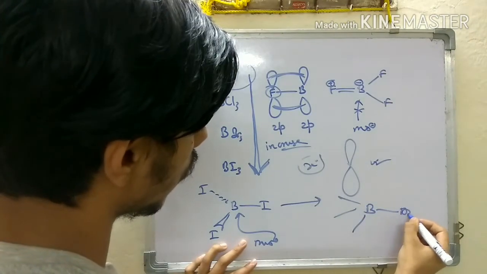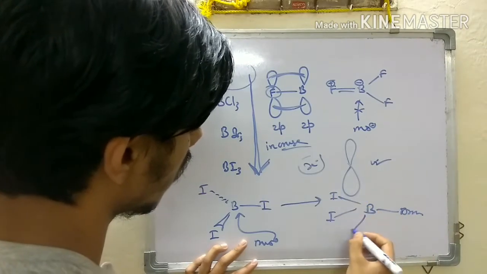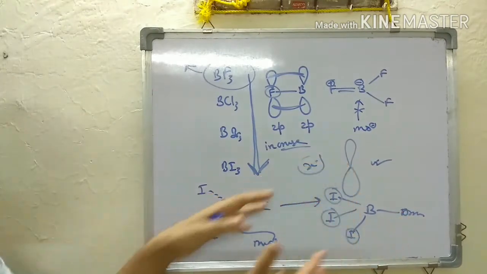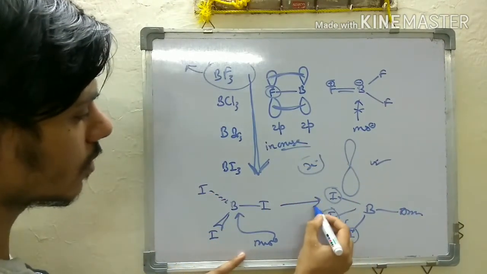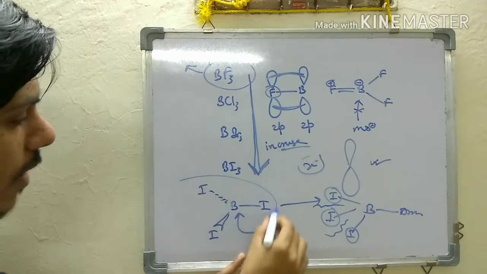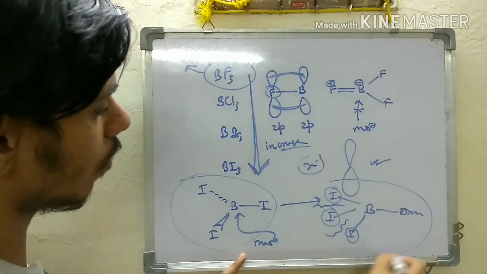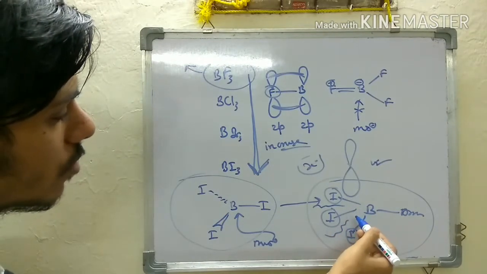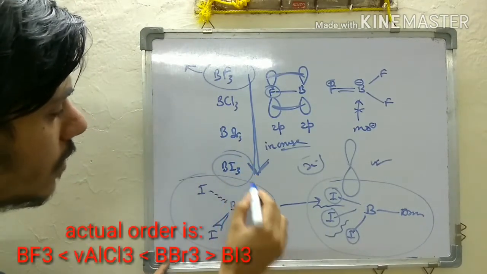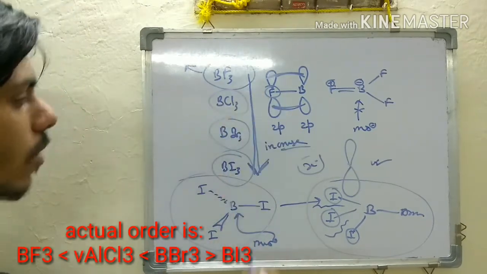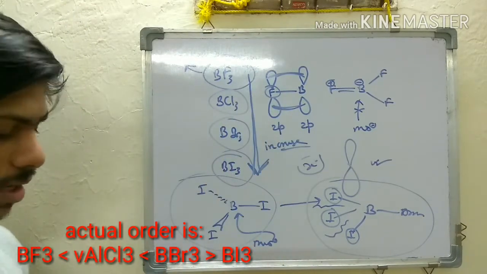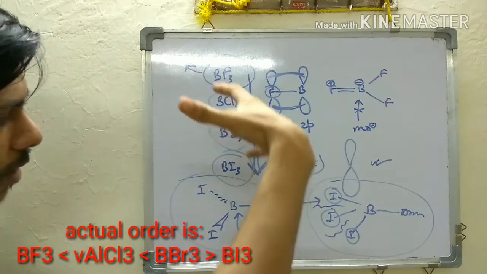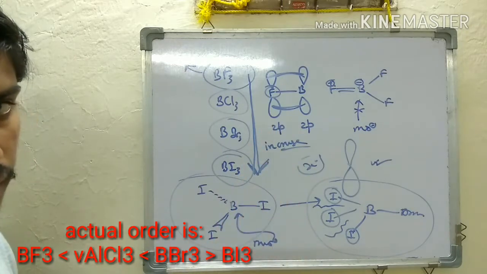When it becomes four coordinate tetrahedral, you can see the large iodine groups are placed close together, and that's why there will be steric hindrance between them. Compared to the tri-coordinated structure, in this tetra-coordinated structure there will be more steric hindrance, and this effect will be more for BI3, then BBr3, then BCl3, because the size of iodine is largest, and that's why the increase of acidity will not be as much as we expect, right?